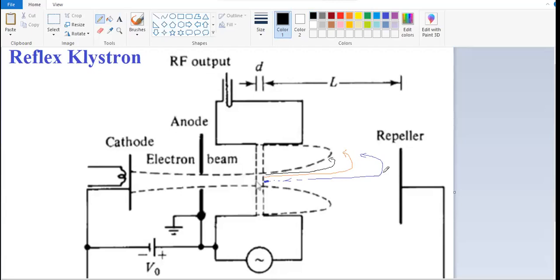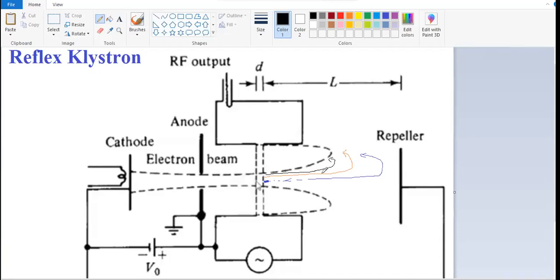So this electron has the higher velocity, this has lesser velocity, and this has negative velocity, meaning again lesser. This is due to the positive cycle of this oscillation, this is neutral, and this is the negative cycle.